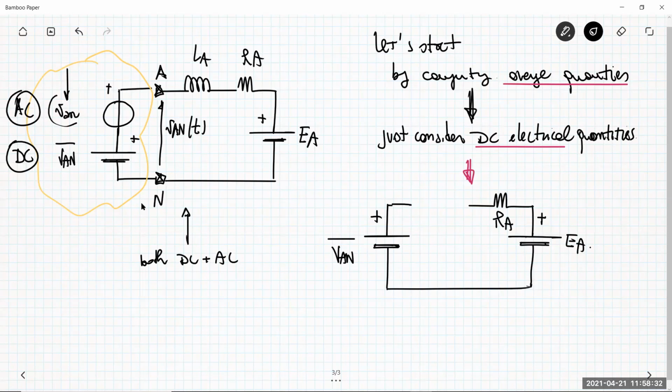We are in steady state. In steady state, the average voltage across the inductance is null. So in steady state, the inductance is a short circuit.